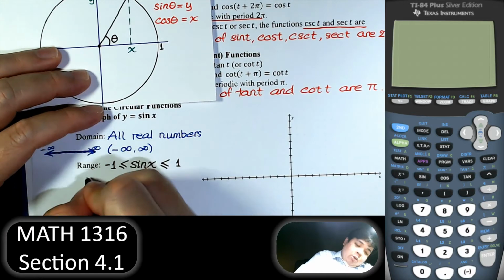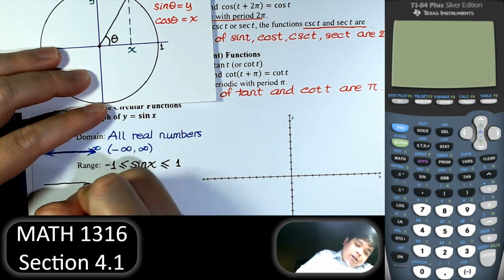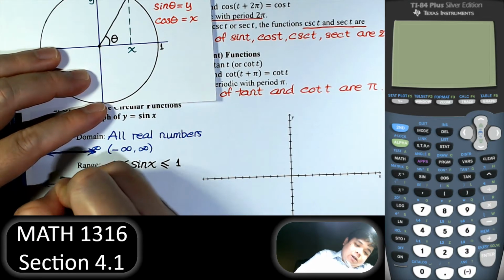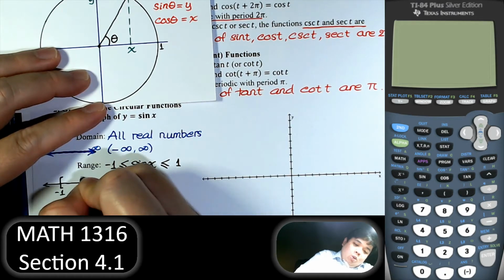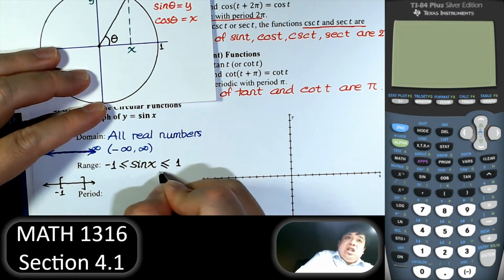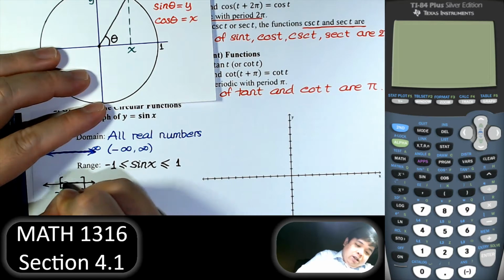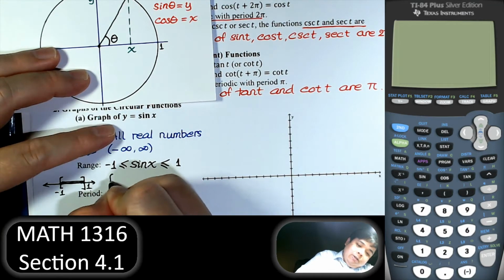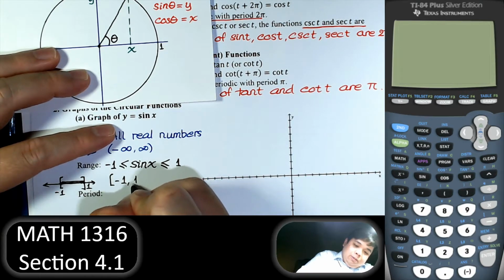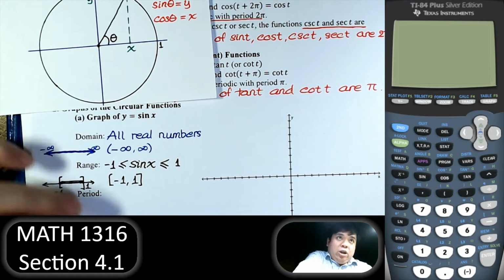Or we write the range from -1 to 1, including the 1. It has the equal sign, so we use the bracket, between -1 to 1. So that is the range.